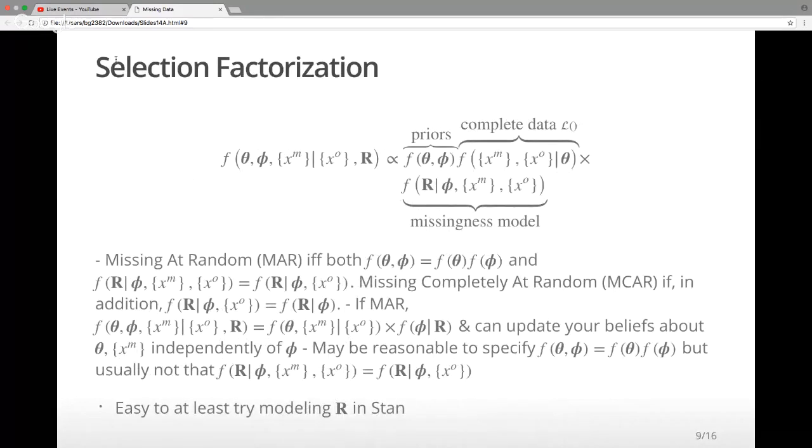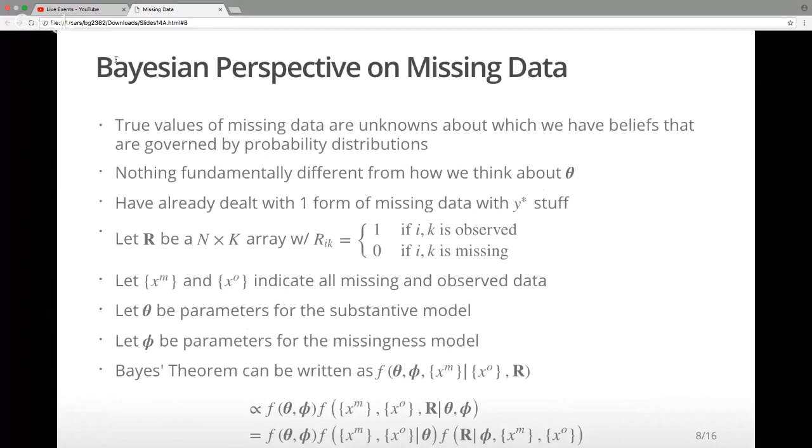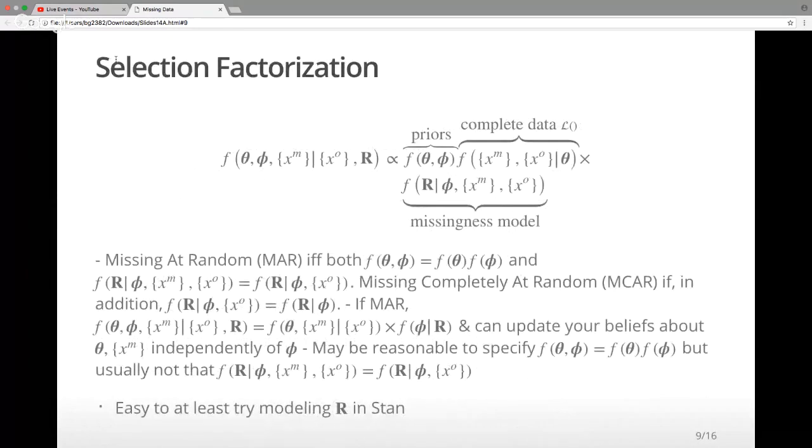So there are two ways of going from here that are talked about in the literature. One is known as the selection factorization. Another is known as the pattern missingness factorization. The selection one is used a lot more often. We just pick up where we left off on the previous slide. We have priors for theta and phi. We have what Rubin calls the complete data likelihood.